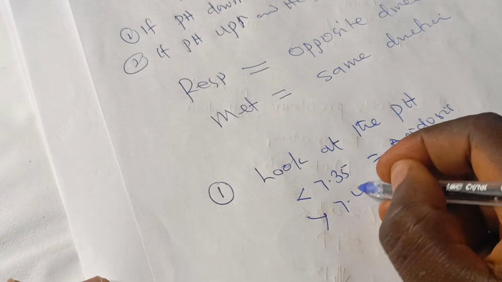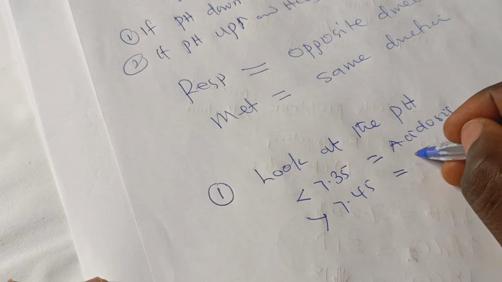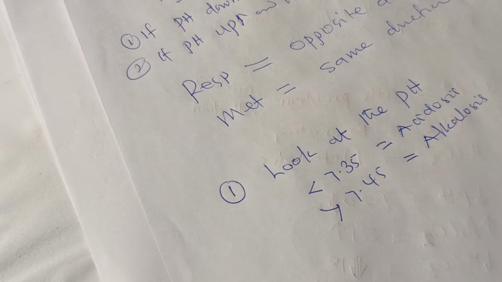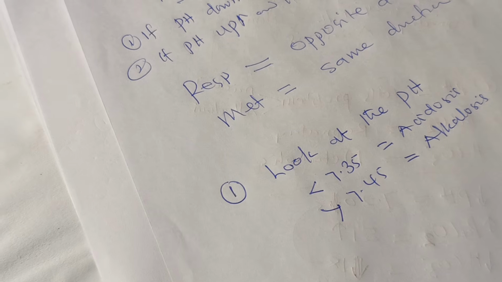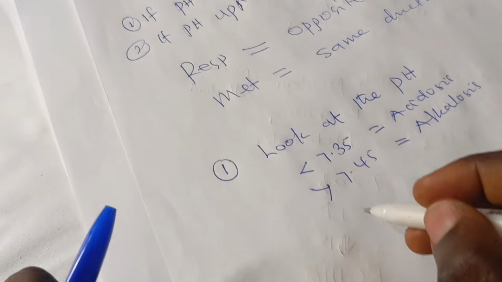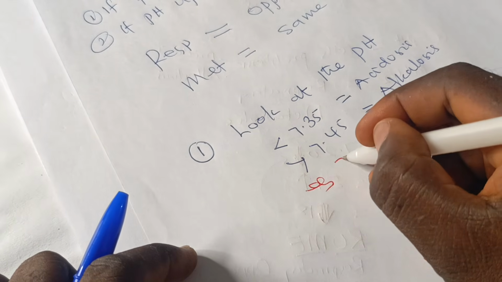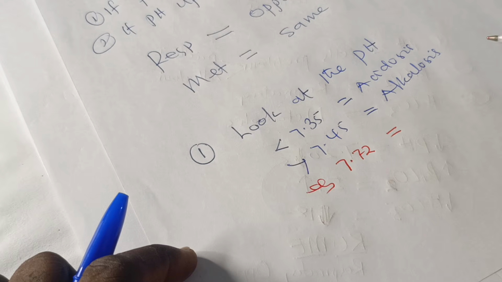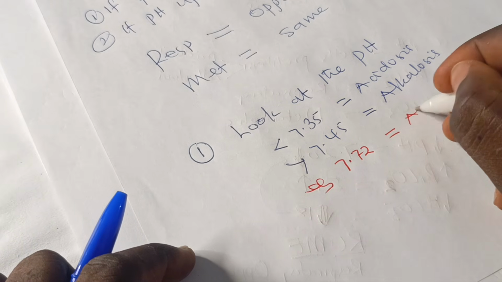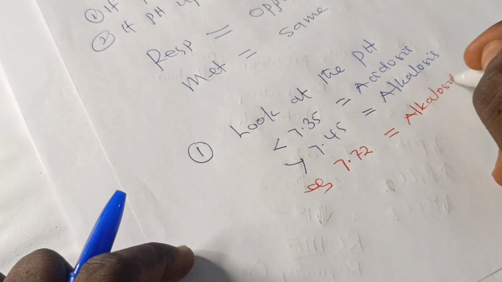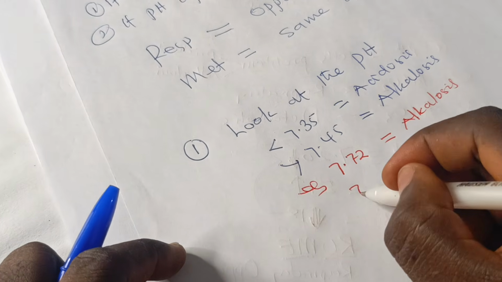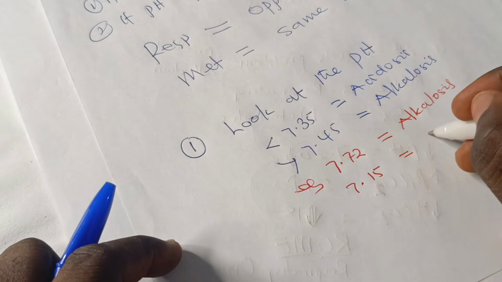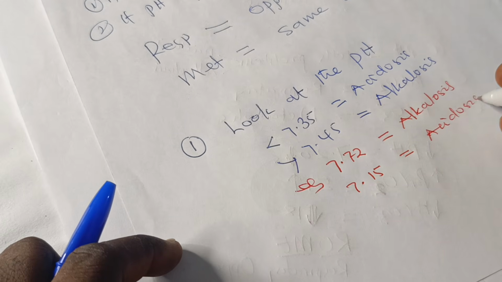If it's above 7.45, interpret it as alkalosis. For example, if we are given 7.72, this will be alkalosis. If you are given 7.15, you interpret it as acidosis.